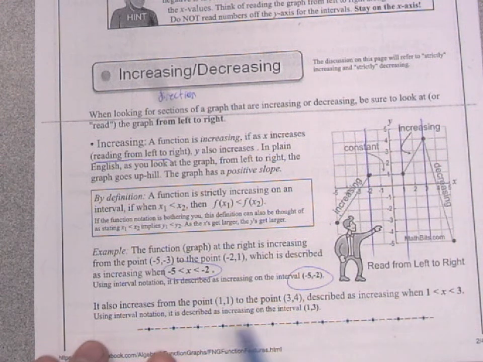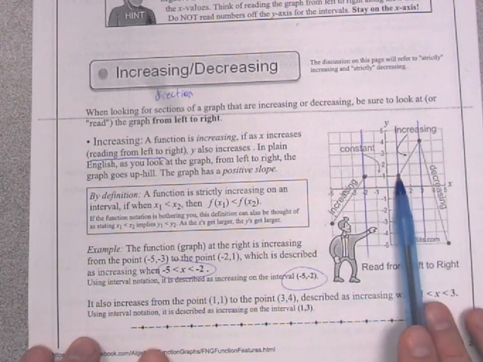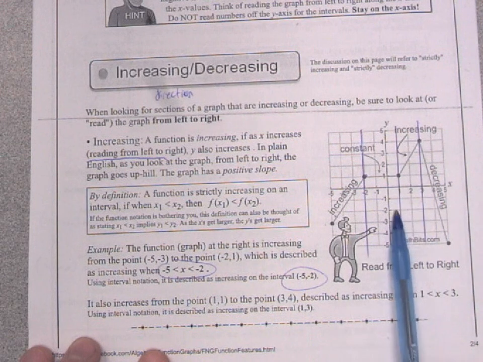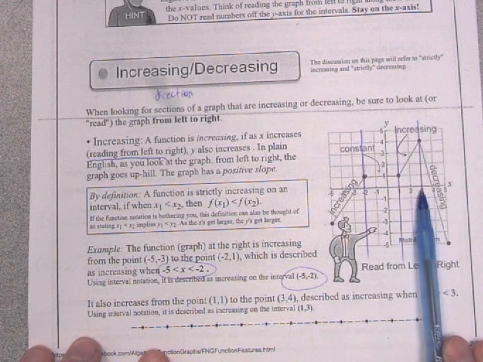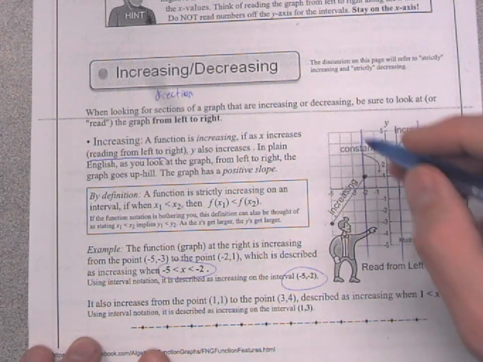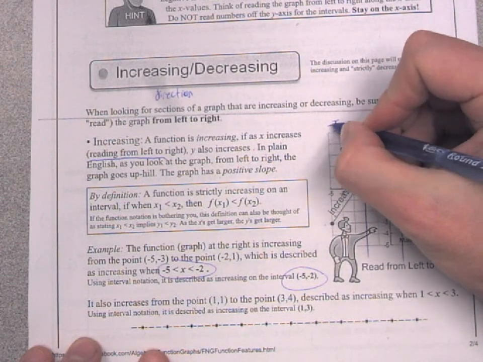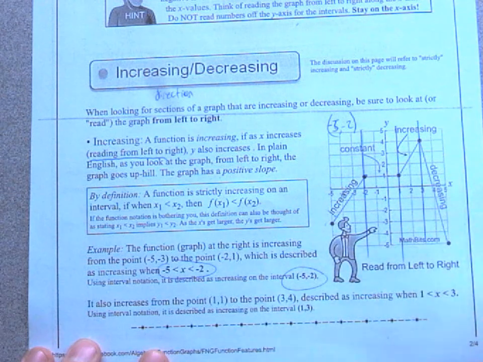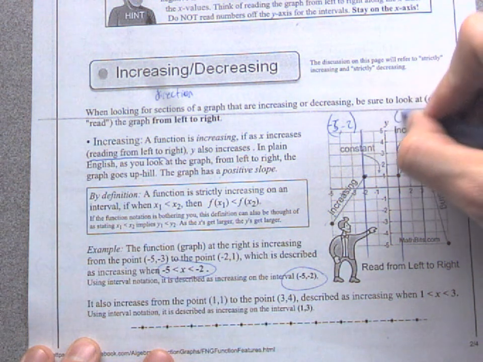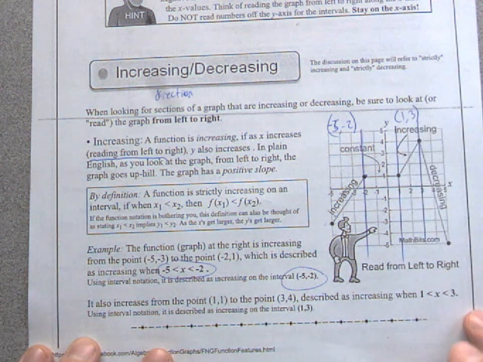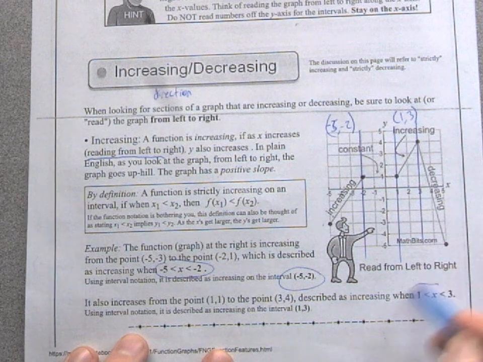Now there's actually another interval where he's increasing. It's from here to here. This interval starts at 1 and ends at 3. So we have this interval, which goes from -5 to -2, and then we have this interval, which goes from 1 to 3. You can see that here.